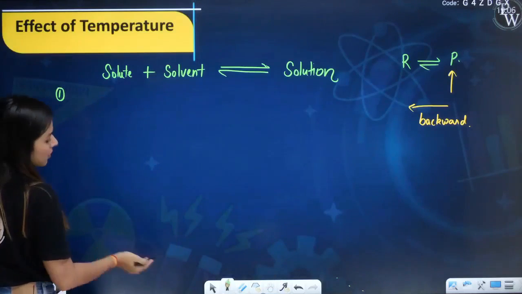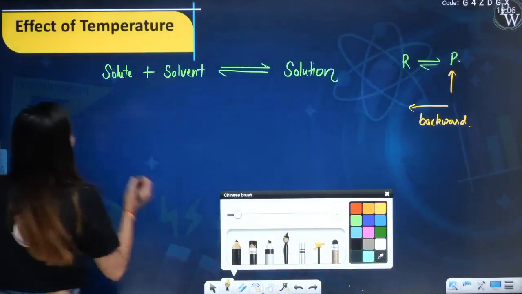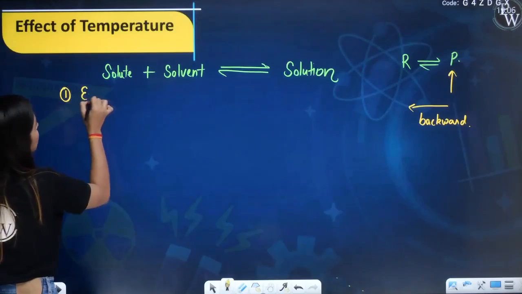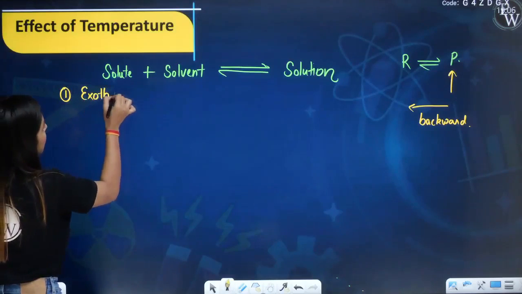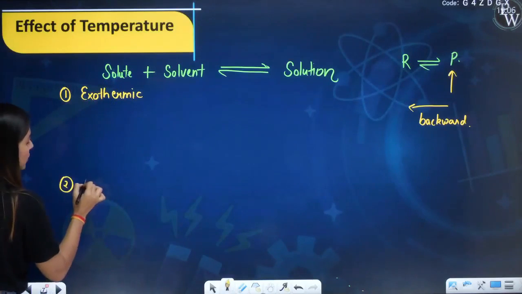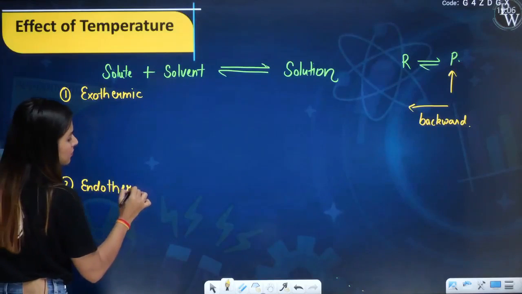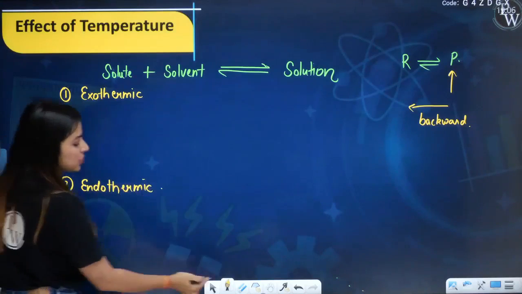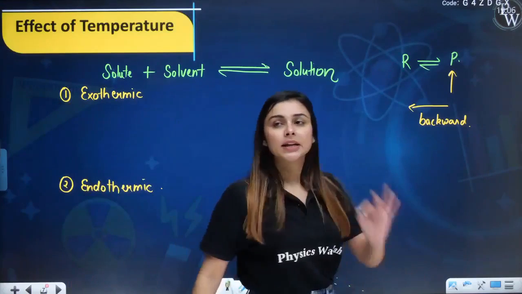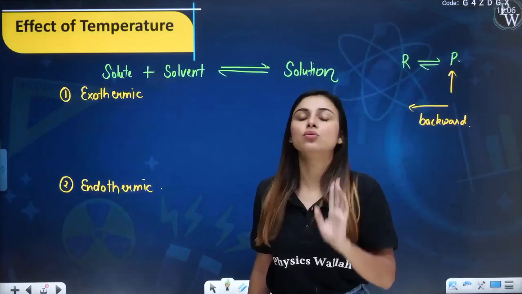If the reaction is exothermic, and the second is the reaction is endothermic. Okay, now let's talk about each one by one. Try to do the first part, understand this from my side, and then try to do the second part yourself.